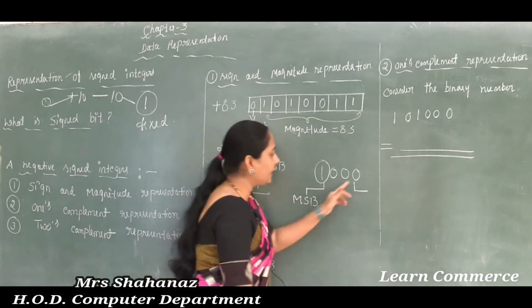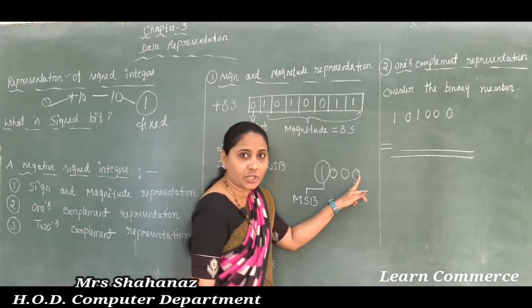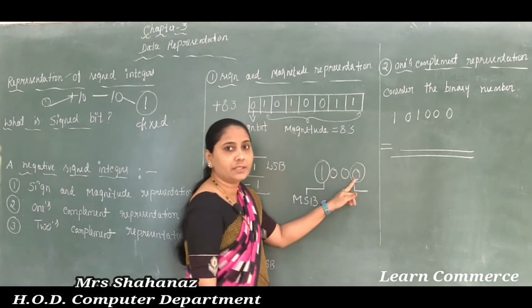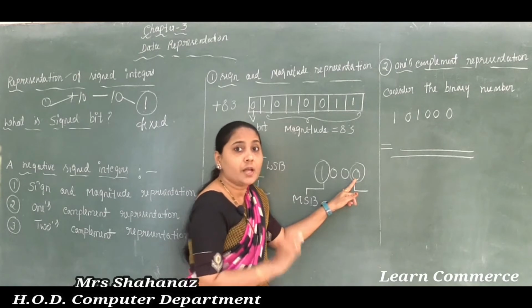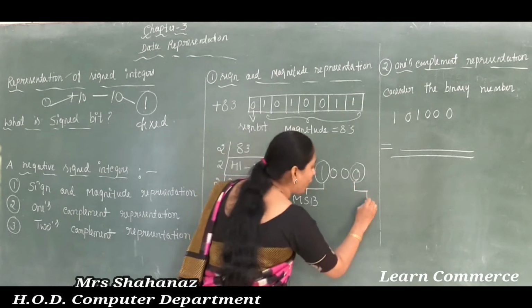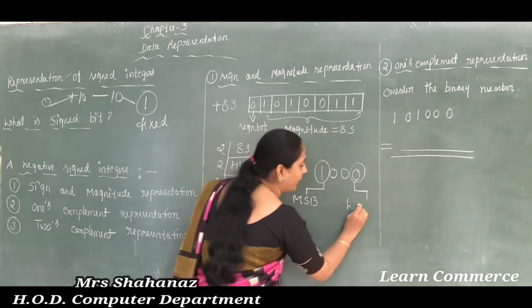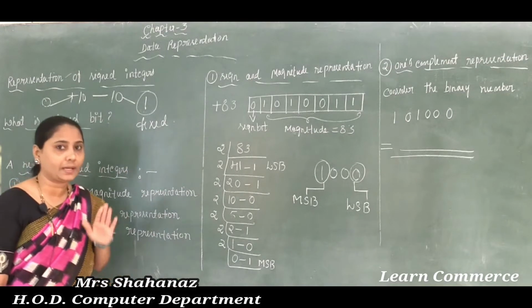And the next thing is the rightmost bit, whose value is 0. The rightmost bit, the value is 0 in this case, so it is called the LSB, the least significant bit. Correct?